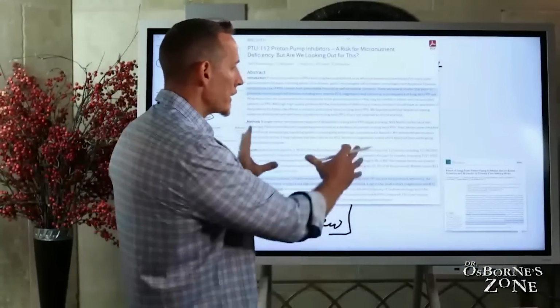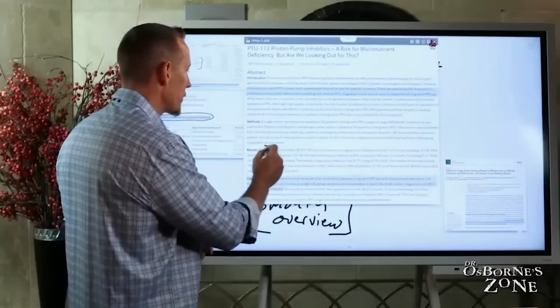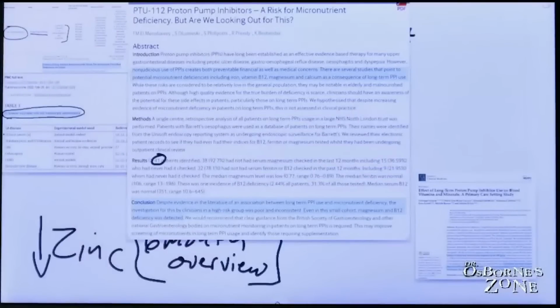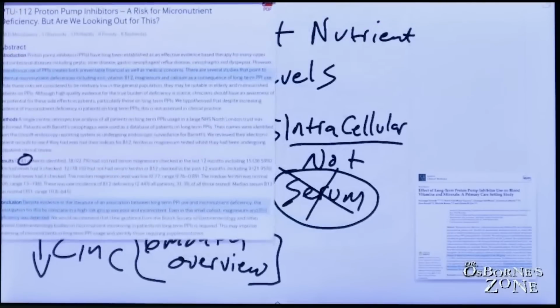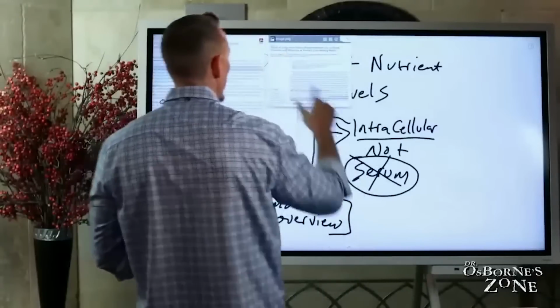And in this particular study, which was a small study with 41 patients, so not a huge study, they found deficiencies of magnesium and B12 common in patients taking PPIs. Magnesium and B12 deficiency have a lot of potential negative consequences for folks. So it's a simple thing to check for.